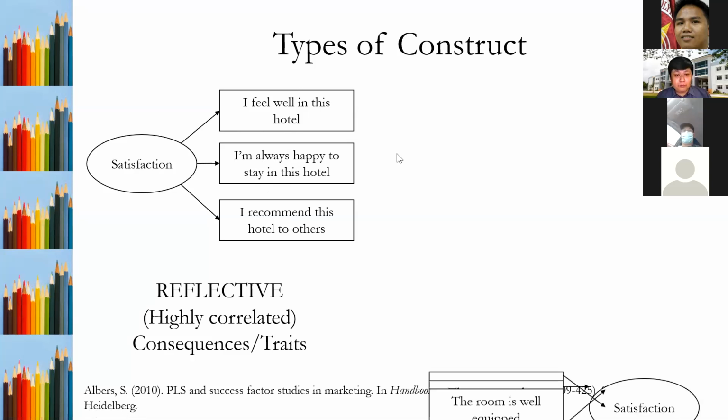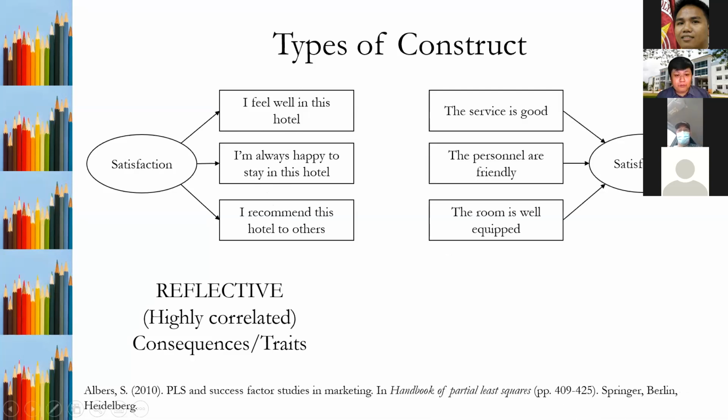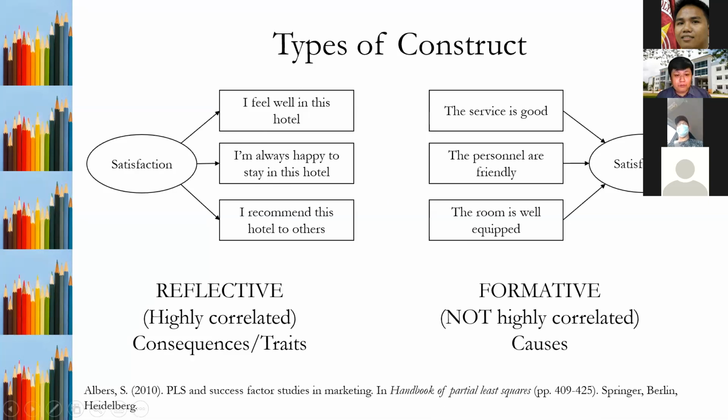Second one, we have the formative construct. So what's the difference? Let's assume we will be using again the same construct, which is satisfaction, but this time we will be measuring it formatively instead of reflectively. So we will treat satisfaction now as a formative construct.